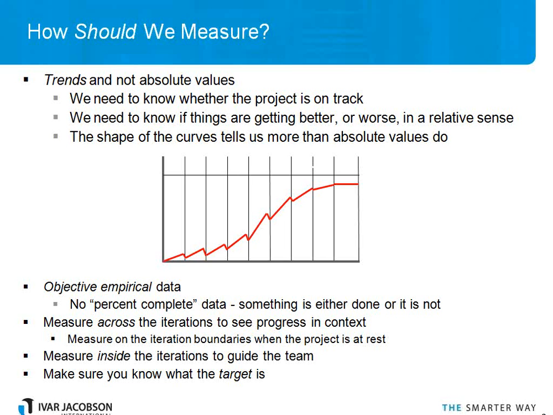We may be able to turn our interpretation of some of those trends into warning indicators or speedometers on our dashboard, but really it's the trend and where it's taking us in relation to the target that is the thing we really want to see. And to do that we need objective and empirical data. We want to know when things are done or not.